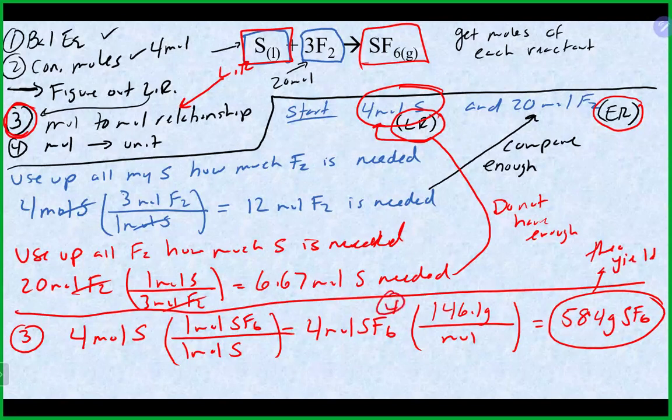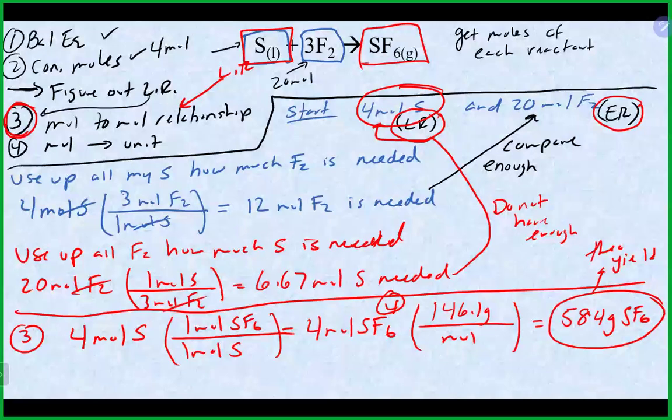So in this method of doing limiting reagent problems, we pretty much do the exact same things we do for a basic problem, except halfway through there, you got to stop and do a calculation to figure out which one is the limiting reagent. Once you do that, you continue on with the starting amount of your limiting reagent to figure out how much product you produce. Questions on that there?